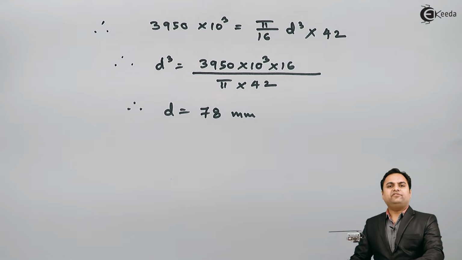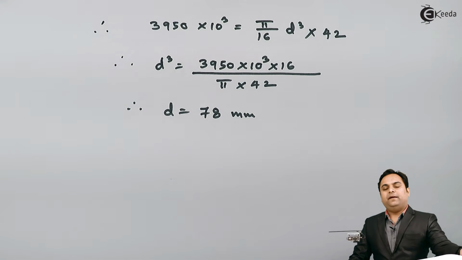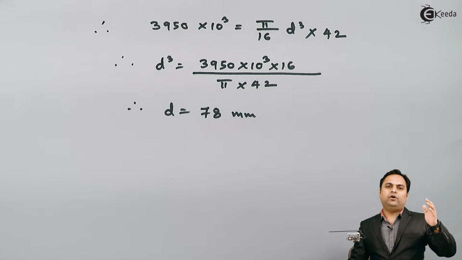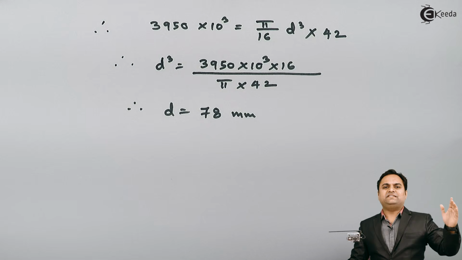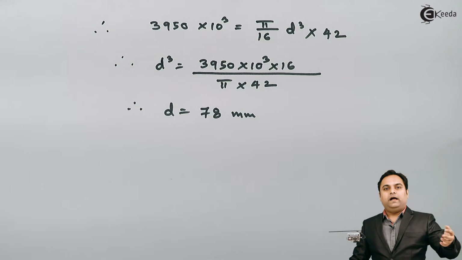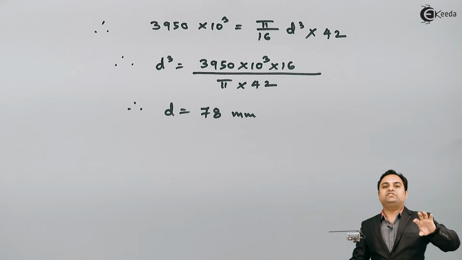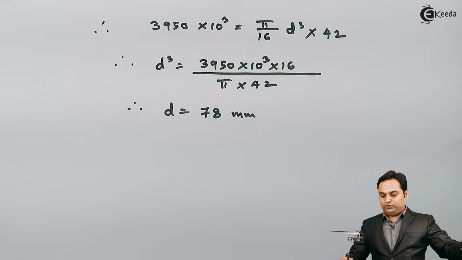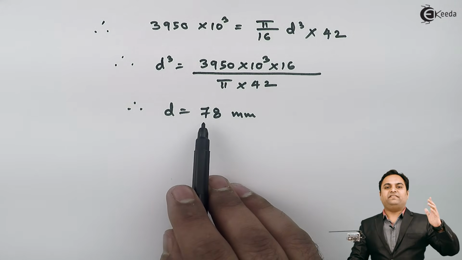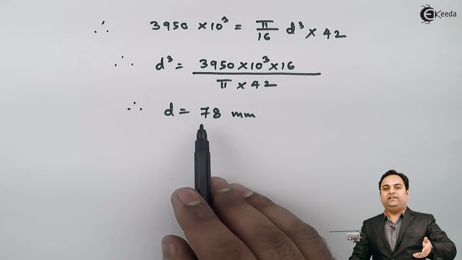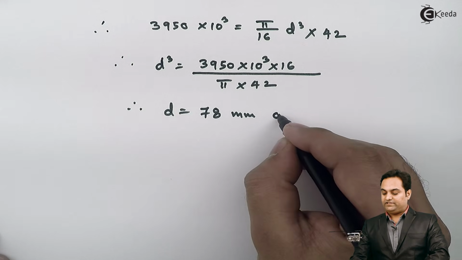For shafts, the diameter should be in a proper range. Like if the diameter range is from 25 mm to 60 mm, then there are steps of 5 mm, which means we have to select the next higher value. And from 60 mm to 110 mm, the steps are of 10 mm. So 78 lies between 70 and 80 mm, so it is better to select the next higher value, and that is 80 mm.